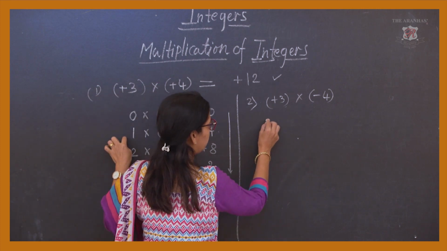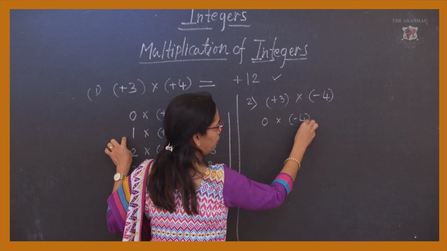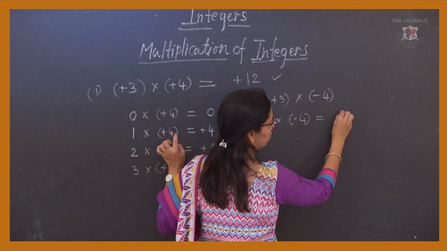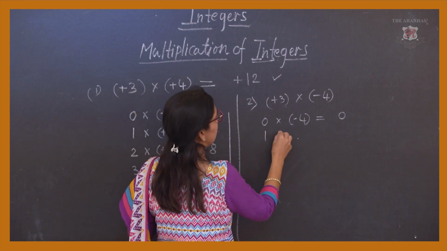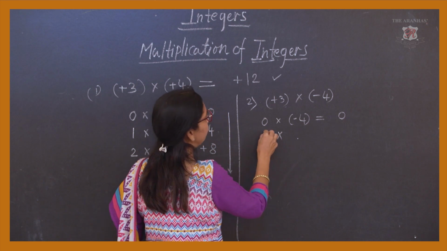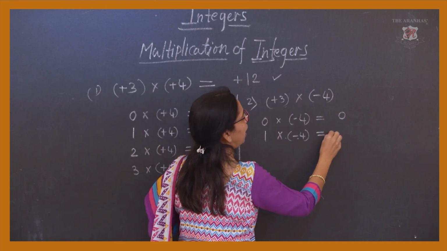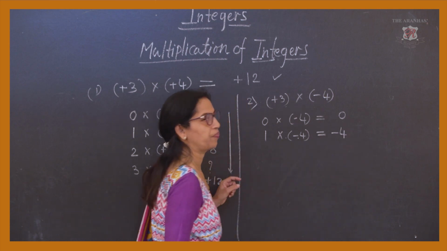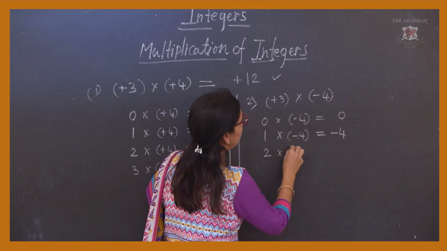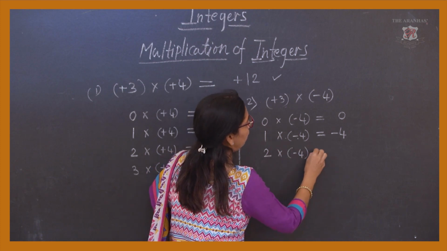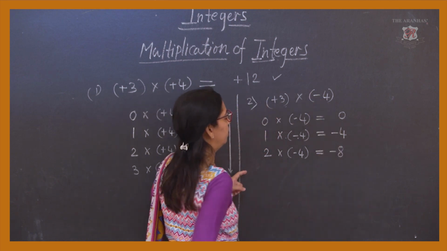First we start with 0 multiplied by minus 4 to get the answer 0. Then the next step, 1 into minus 4, to have the product minus 4. Then the next step is 2 multiplied by minus 4 to have the answer minus 8.